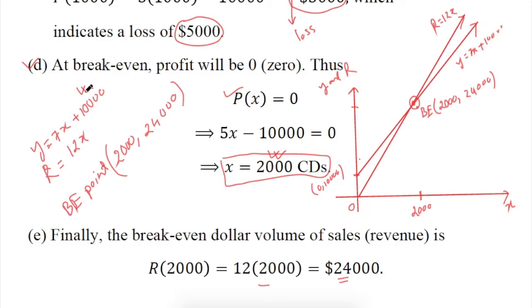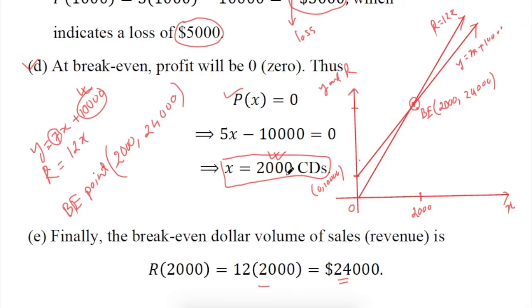You see, this is also the fixed cost, and the marginal cost is 7, but we don't need marginal cost in this problem. Your question does not tell you to calculate marginal cost, so it's okay. And this region is the loss region, and this region is the profit region.